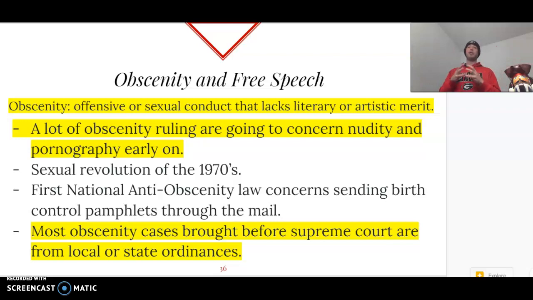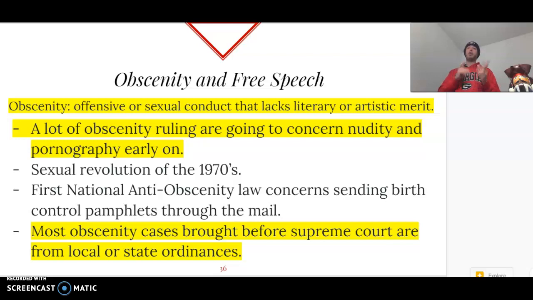And what you need to know is that obscenity laws go way on back, though. Back to the late 1800s, where our early feminists are sending out literature about birth control. And the U.S. government is like, nope, can't do that. God forbid ladies be in charge of their bodies.